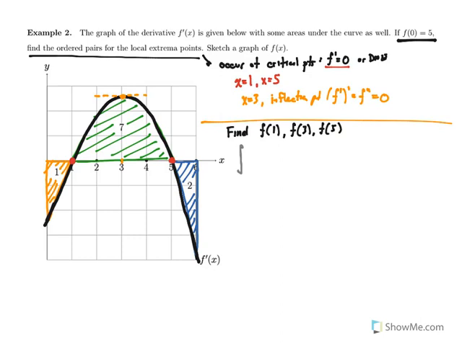I know that the integral from 0 to 1 of f prime is going to be equal to f of 1 minus f of 0. And this area is equal to negative 1 as we're below the x-axis. F of 1 and f of 0 is 5. So this means that f of 1 is going to be 4.